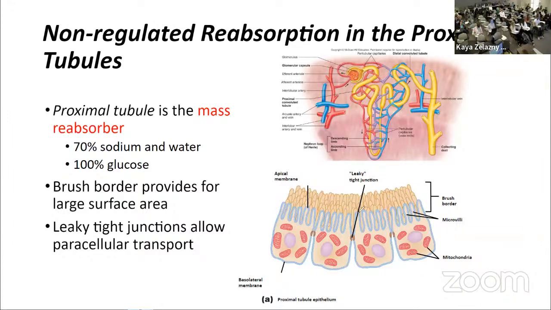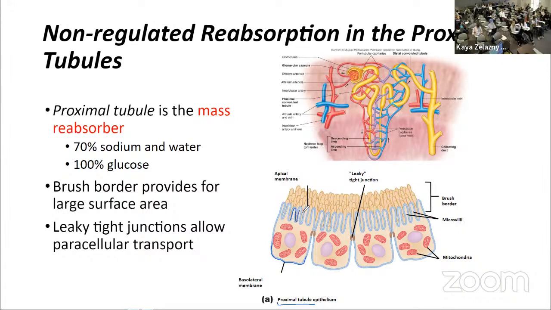So we can see what these cells look like. When we're thinking about the cell layer, this is our proximal tubule epithelium, with our individual cells. We have our basolateral membrane down here at the bottom. Basolateral: think base and lateral sides, versus our apical membrane.